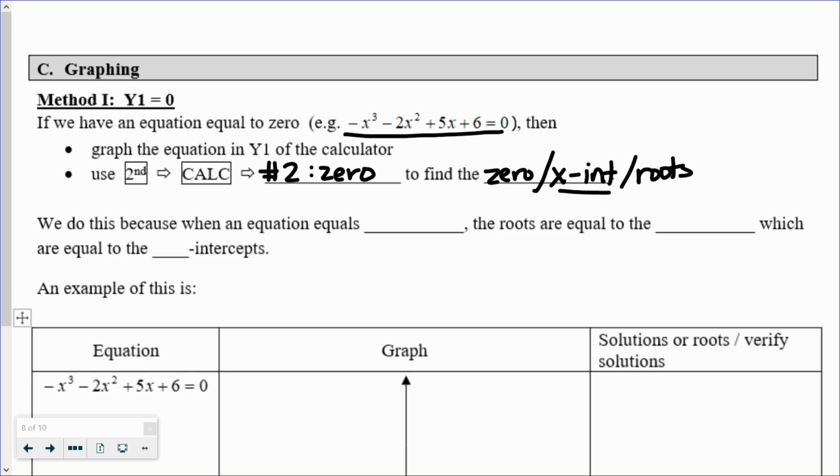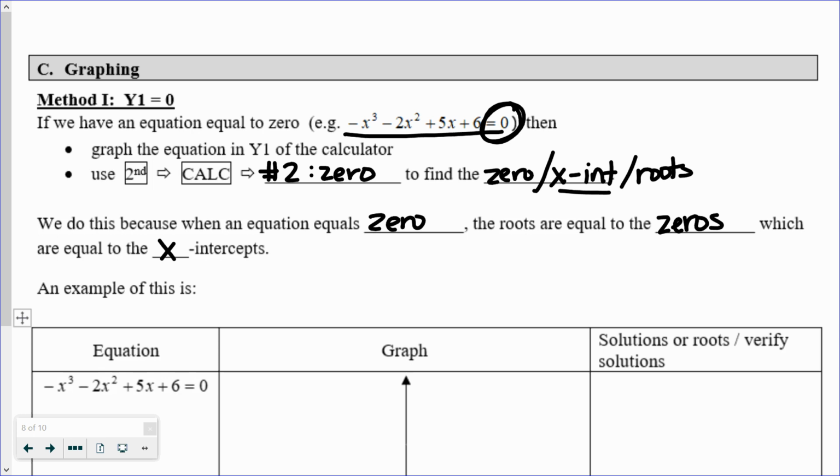And we do this because when an equation is equal to 0, like it is here, the roots are equal to the zeros, which are equal to the x-intercepts. And that's why I said before that we use the words zeros and solutions and roots and x-intercepts kind of interchangeably if we have it set equal to 0.